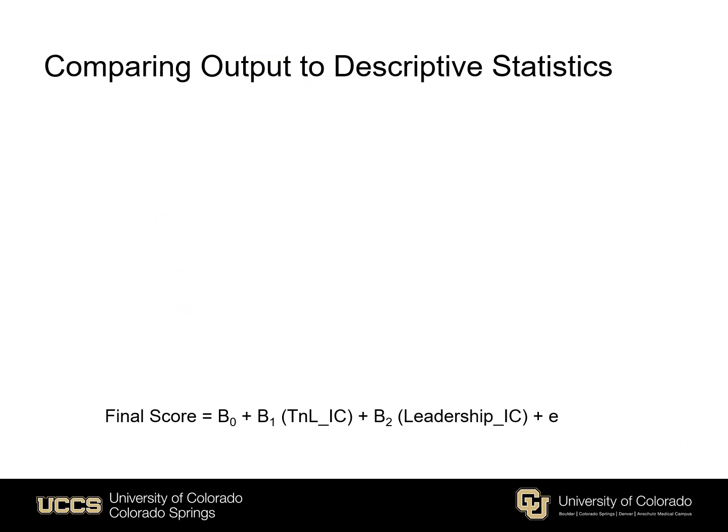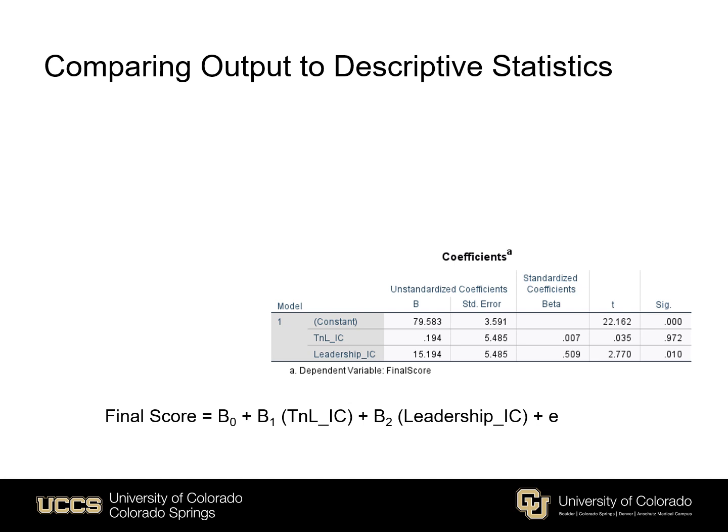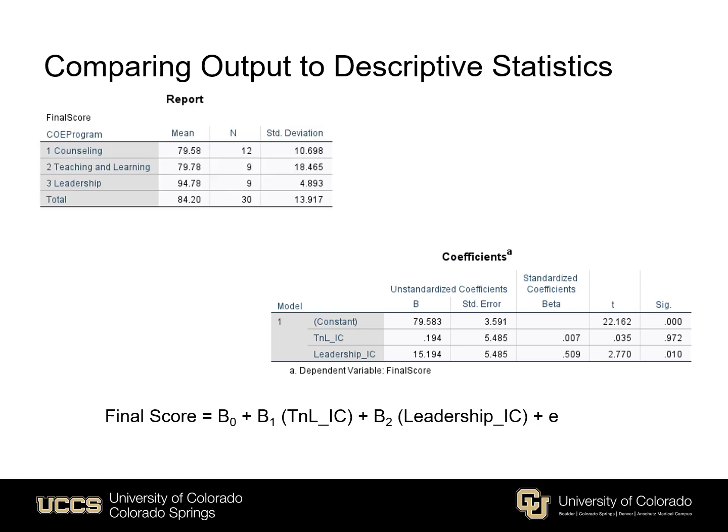Having run this regression, let's compare our output to descriptive statistics. Again, there's our model on the bottom. Here's the regression output that you should have obtained from running that model. And here is a set of descriptive statistics disaggregated by College of Education program with the mean final score provided there in the mean column.